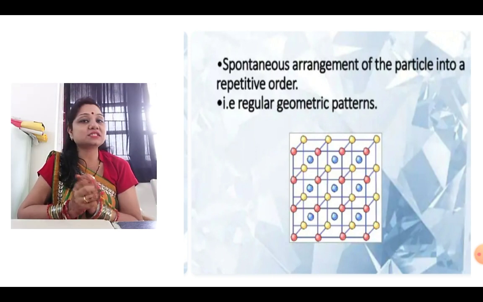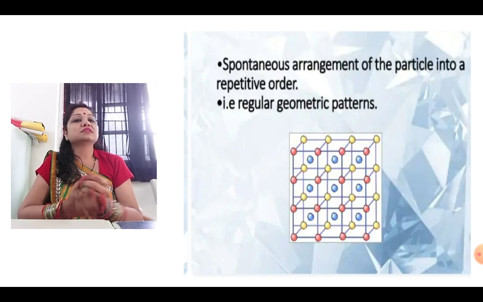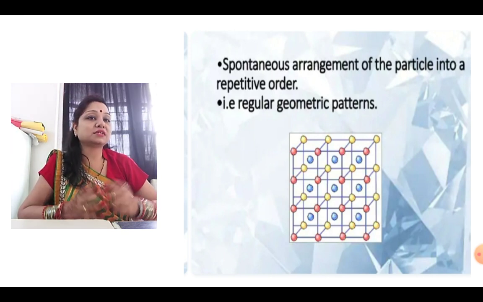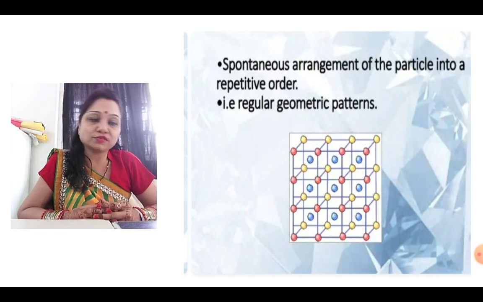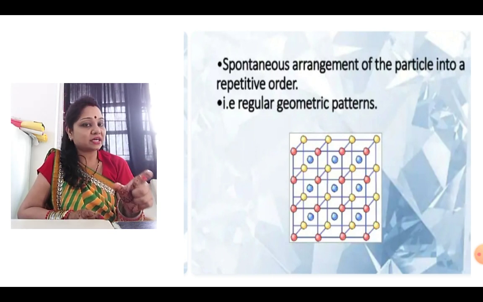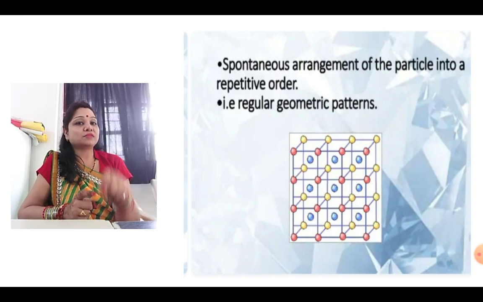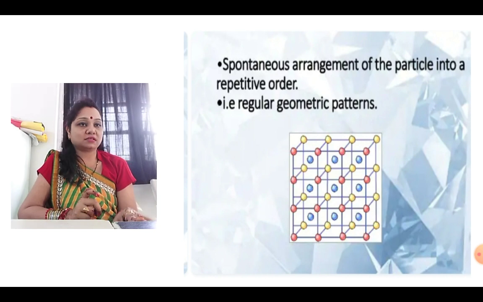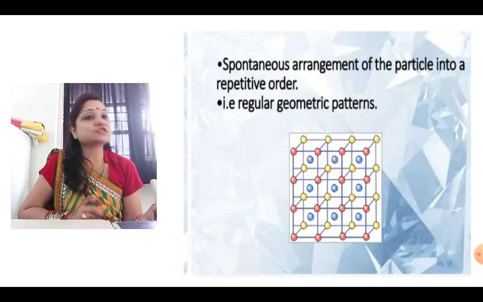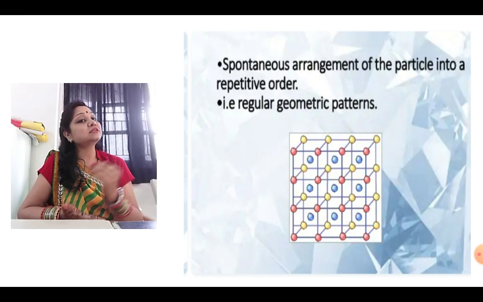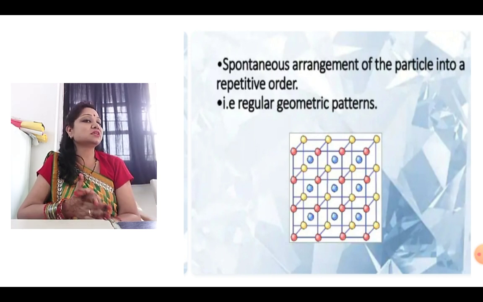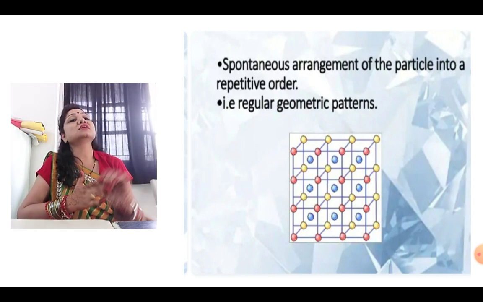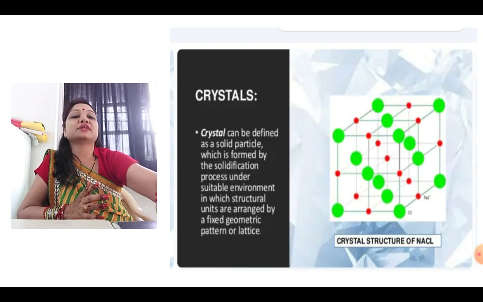An example is NaCl, sodium chloride. The geometric pattern, a regular repetitive order, is followed by sodium and chloride ions. Na is the symbol of sodium and Cl is for chlorine. NaCl, sodium chloride. And on the screen right now you are able to see the crystal of sodium chloride.